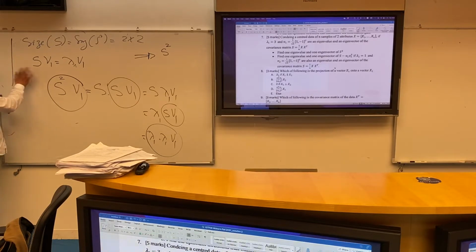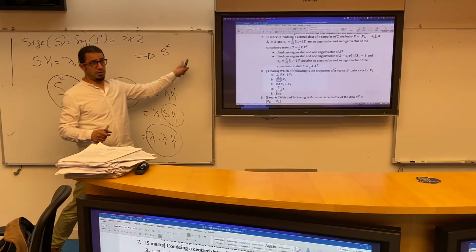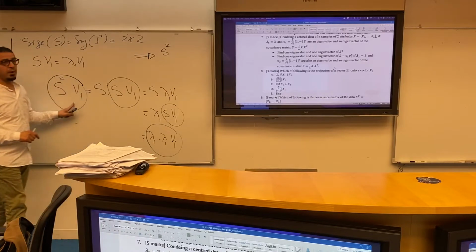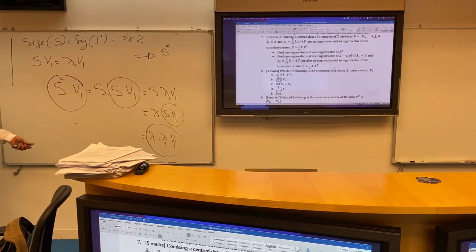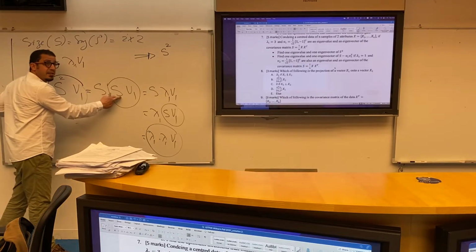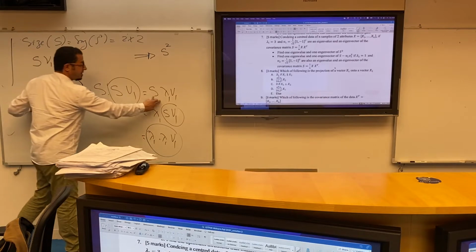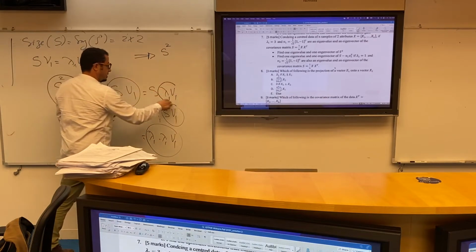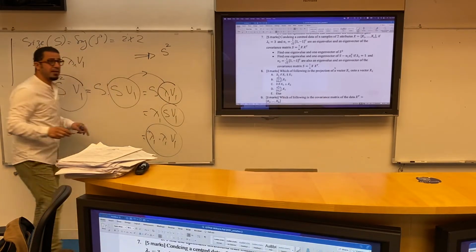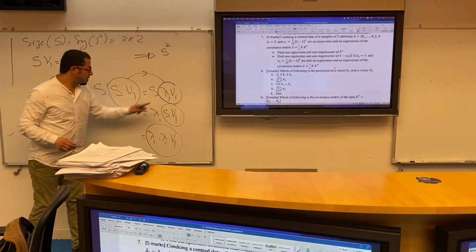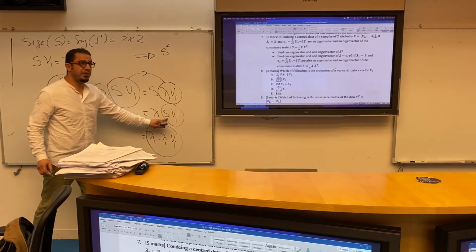Well, we have this one and you want to find the eigenvalues. I try with V1, I don't have any other choice, right? So what is S squared? S S V1. What is S V1? Lambda. Same thing, lambda is a constant, take it outside. S V1, what is it?